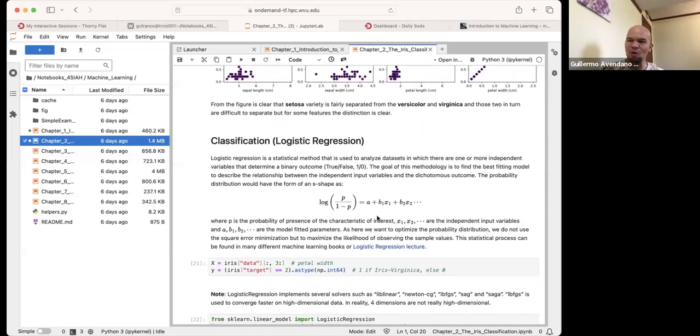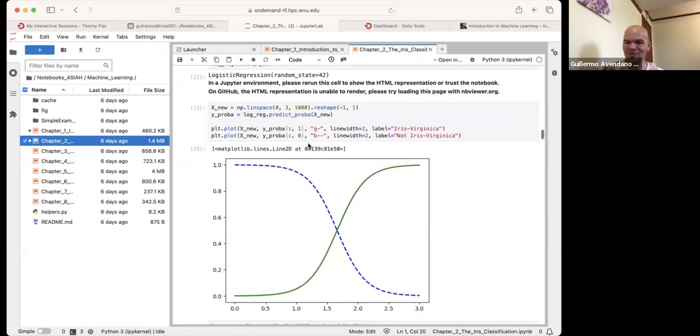Now we will be using the first machine learning model for classification. It's called logistic regression. The name could be a little bit misleading because regression is also something important in machine learning, and there are regression models, but logistic regression is actually a classifier. The idea is that we will be using a function like this.